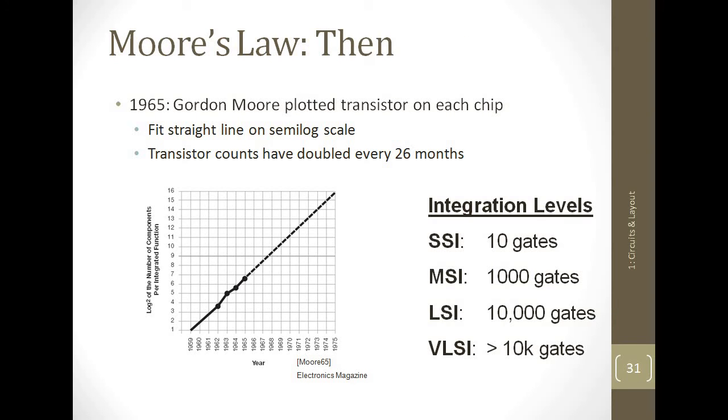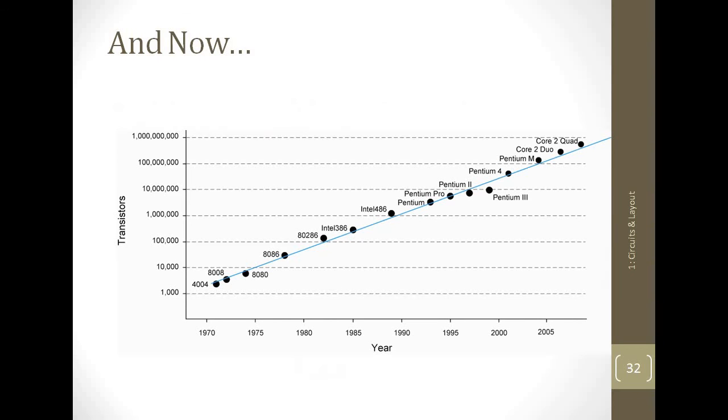According to Moore's law, the transistor count has doubled every 26 months. So his prediction became true. In this graph, till 1975 it was linear, and even now it is quite linear, but not so much. SSI is 10 gates, MSI 1000 gates, LSI 10,000 gates, and VLSI greater than 10,000 gates.